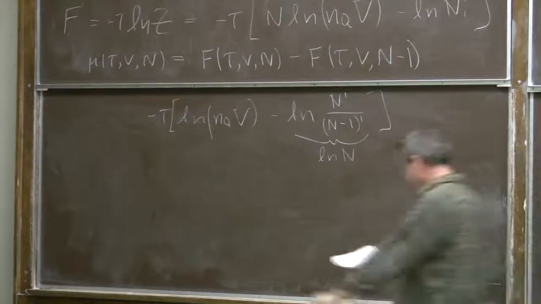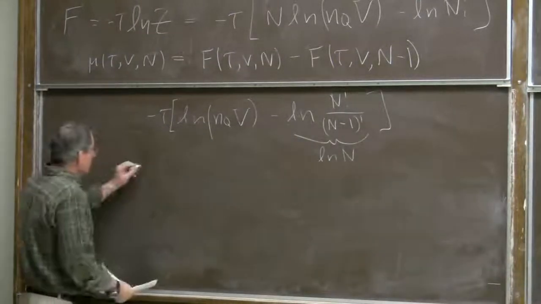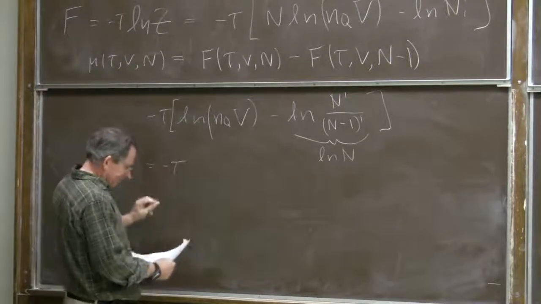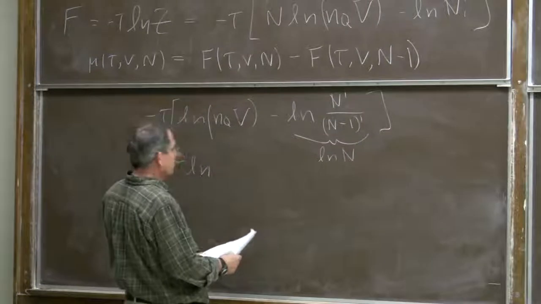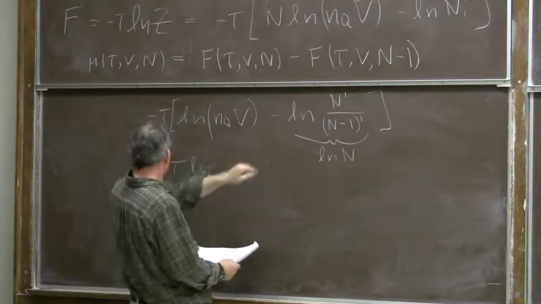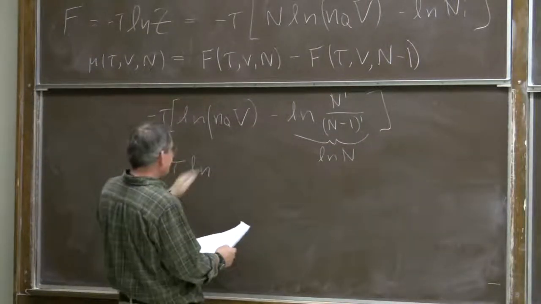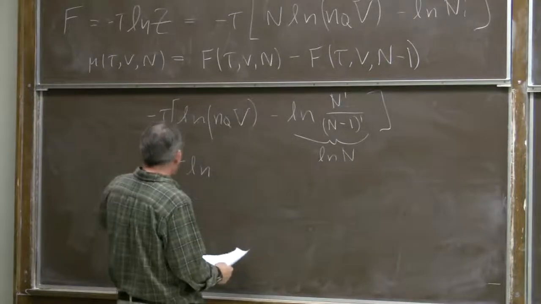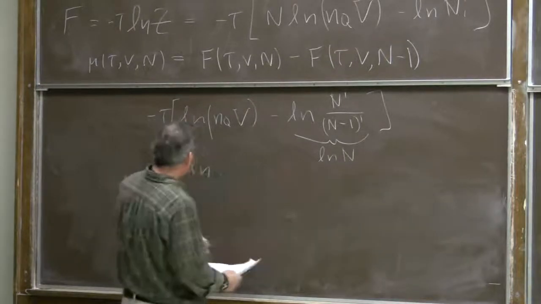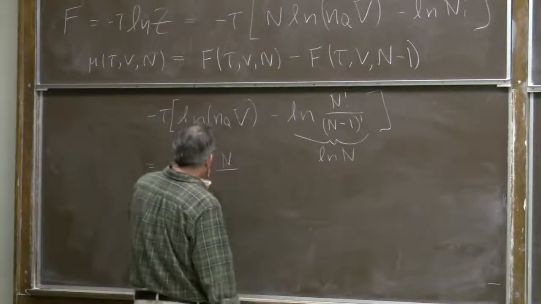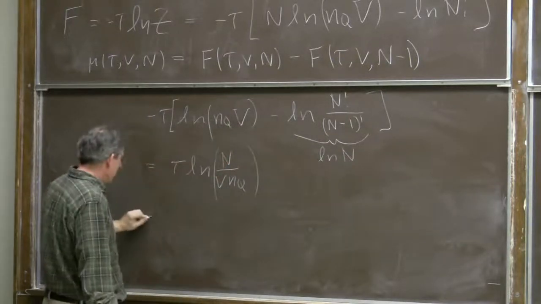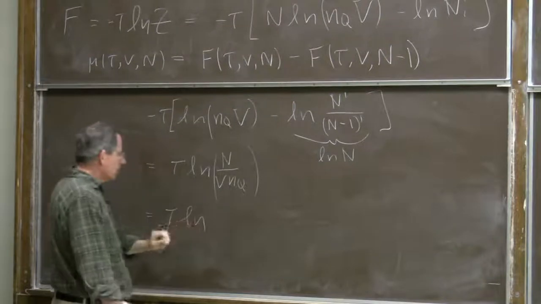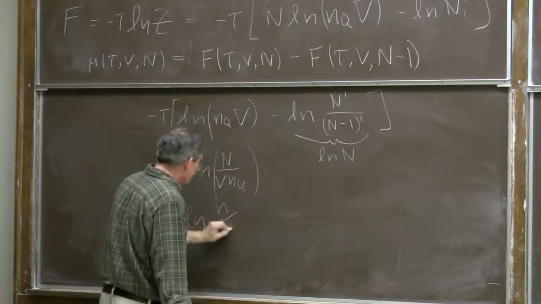It's the log of the product. So it's equal to minus tau times the log of... be careful of the minus sign. This minus sign cancels that minus sign. I can write it as tau times the log of N over V times the quantum concentration, or tau times the log of the concentration divided by the quantum concentration.